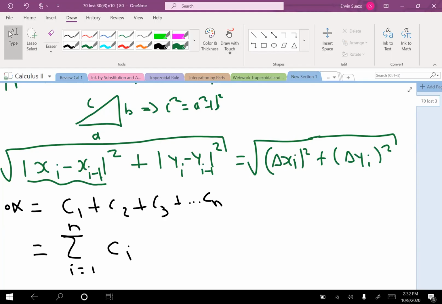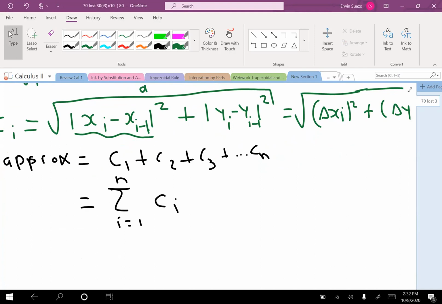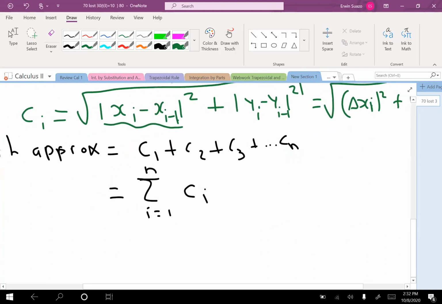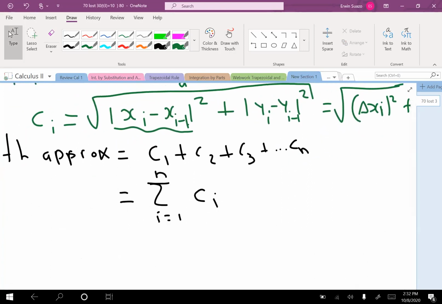So now we're going to use an important theorem that you used in your calculus 1, and you probably thought was useless, and it's the following. This is called the mean value theorem.